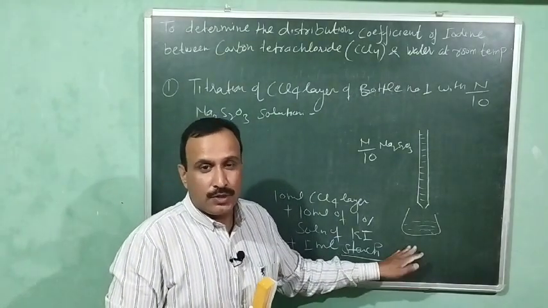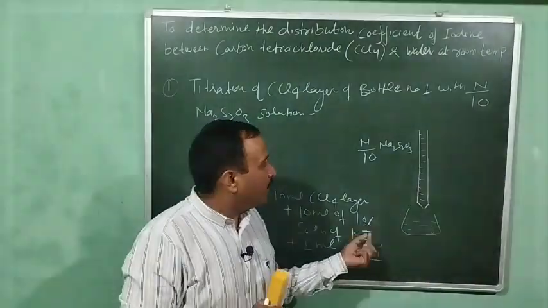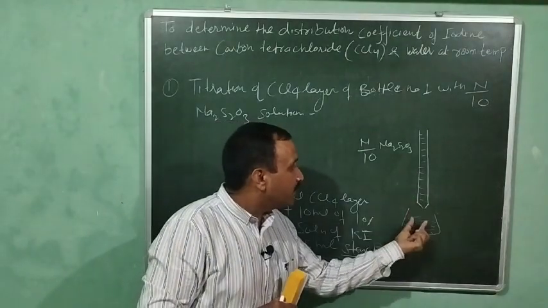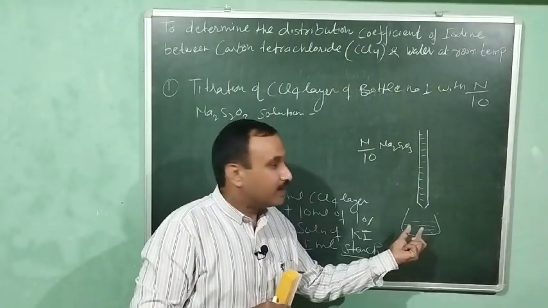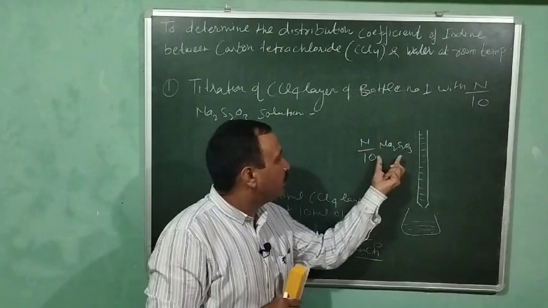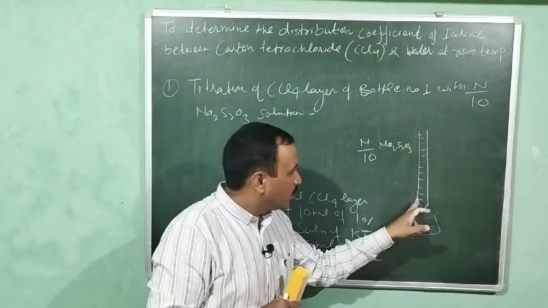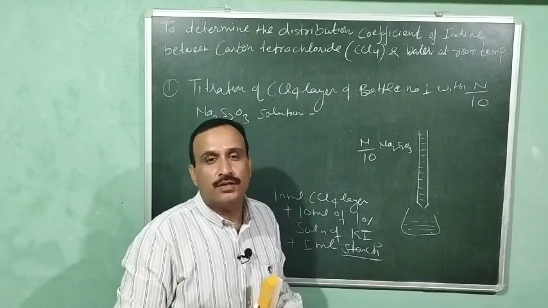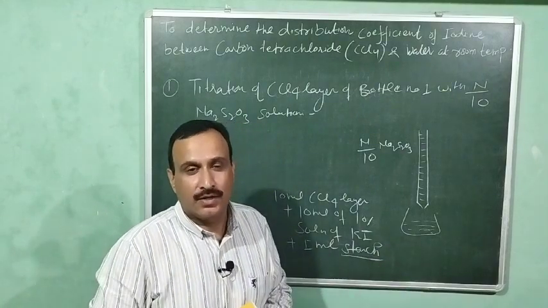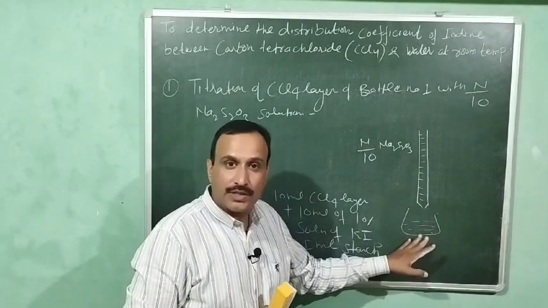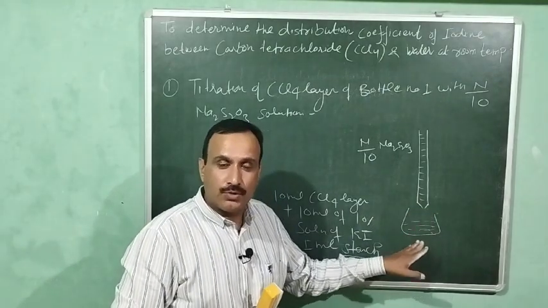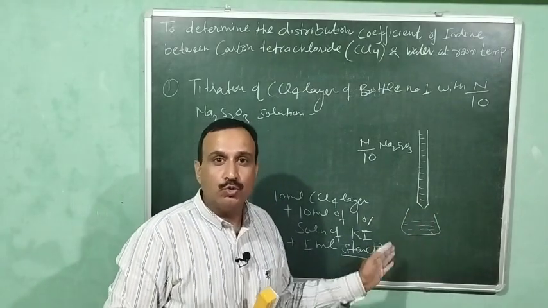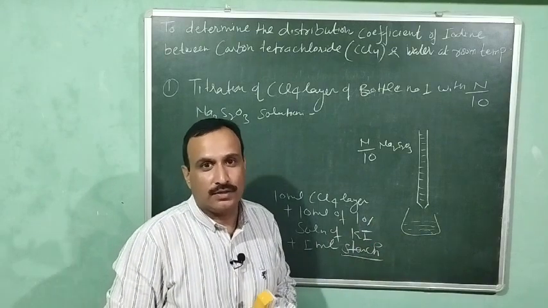ठीक है, जब ये सारा स्टेप हो जाएगा, then we will again start the titration. Okay, we will start adding this N/10 sodium thiosulfate solution from the burette dropwise till the color of the solution becomes colorless. और फिर हम तब तक टाइट्रेशन जारी रखेंगे जब तक हमारा जो कलर है सॉल्यूशन का ब्लू से वो कलरलेस नहीं हो जाता.